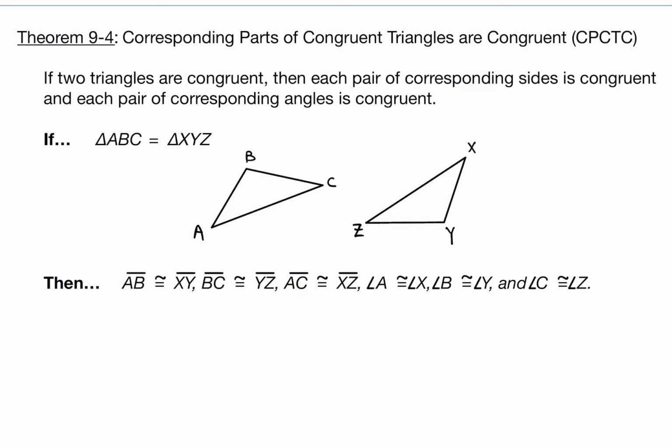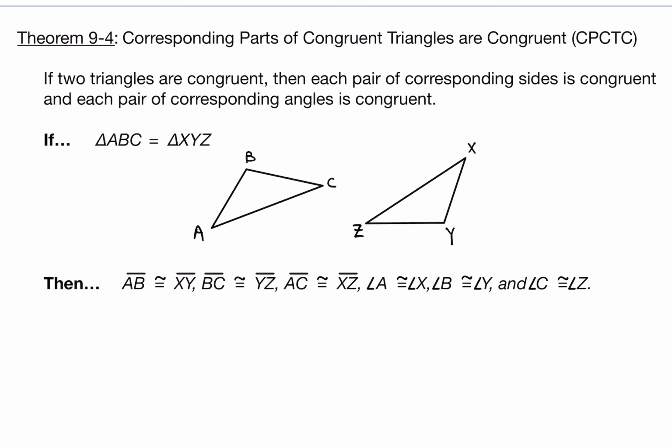AC is this long side, and it's the first and third letter, and XZ is also the first and third letter of that triangle. I'm stressing the order of the letters because the order matters. So sides AC and XZ are also congruent.